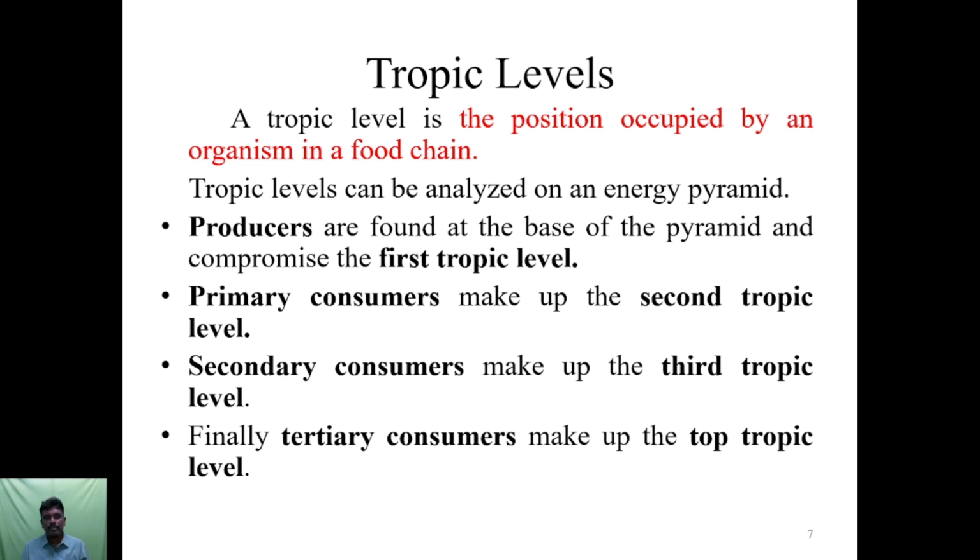In the first trophic level, producers are found at the base of the pyramid. Then the second trophic level has primary consumers. In the third trophic level, secondary consumers. In the final, tertiary consumers.